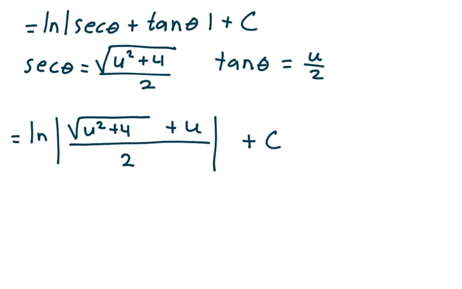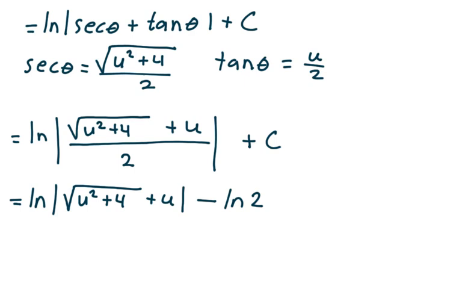But I can write this in the following way. This is natural log of the square root of u squared plus 4 plus u minus natural log of 2 plus c. That natural log of 2 with the negative can get absorbed into that constant.